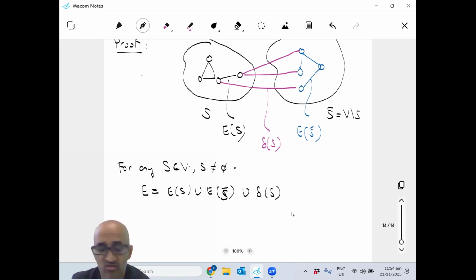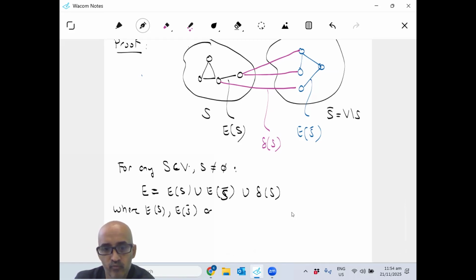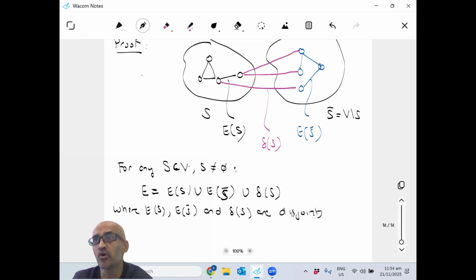And these three sets are disjoint. So I'm just counting three different sets. Is it clear what I'm doing so far?